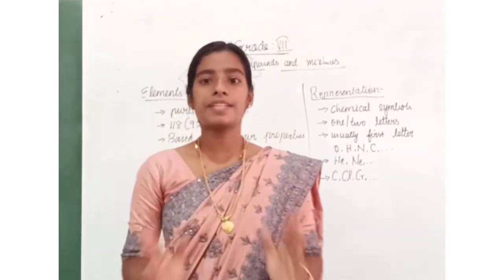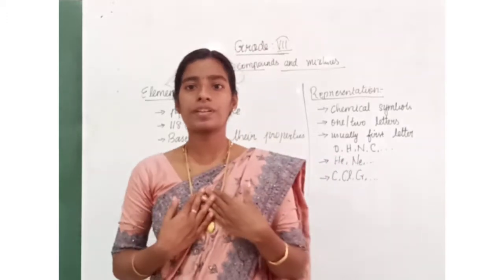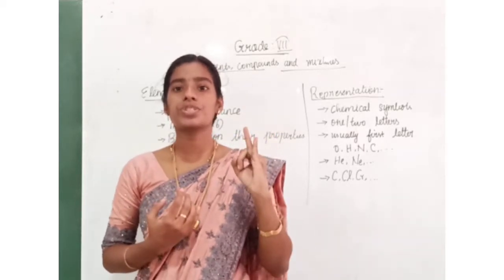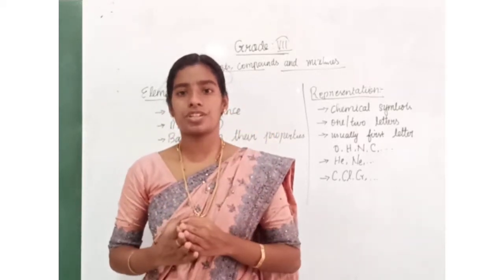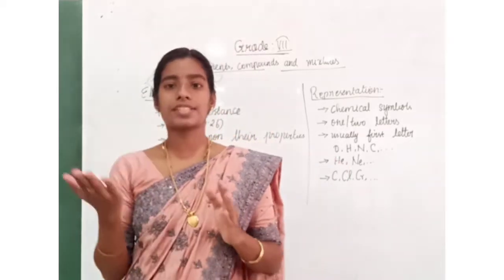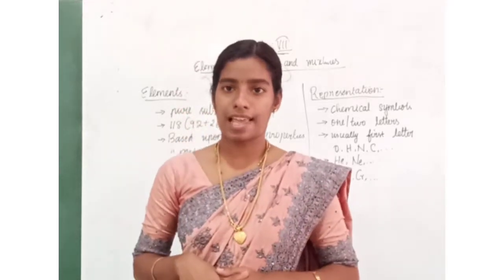Like this we have completed our 3rd unit, and in today's class we are going to revise elements, compounds and mixtures. Only 3 topics we are going to revise today. The remaining topics of this unit can be revised in the next class.